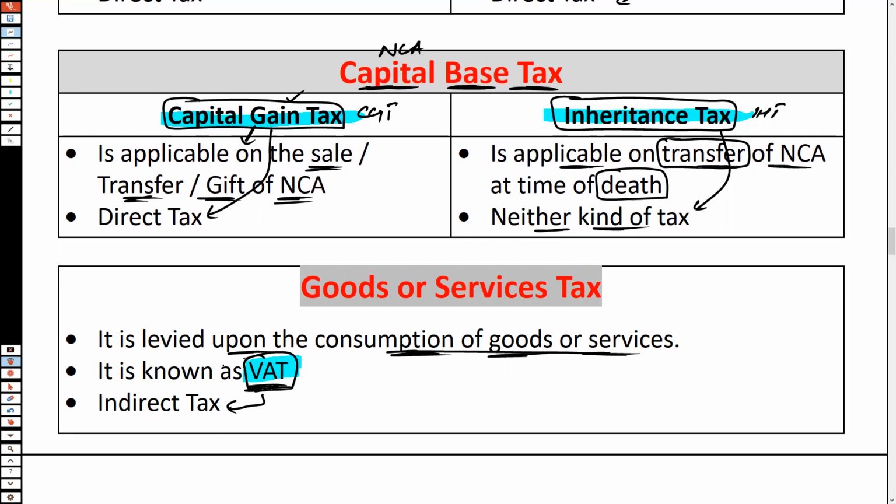That's the only way to avoid it. Whenever you consume any goods or services, you are required to pay the value added tax. In some countries, it is also termed as sales tax, also termed as GST, general sales tax. And in the UK course, it is termed as value added tax.